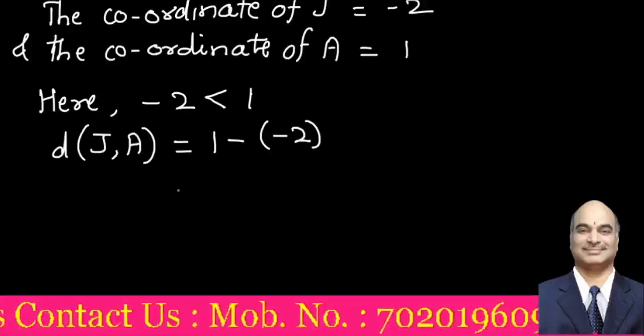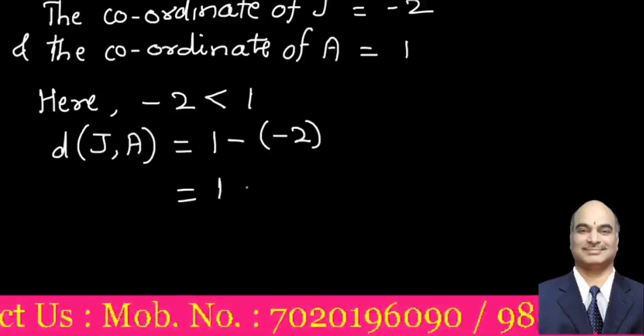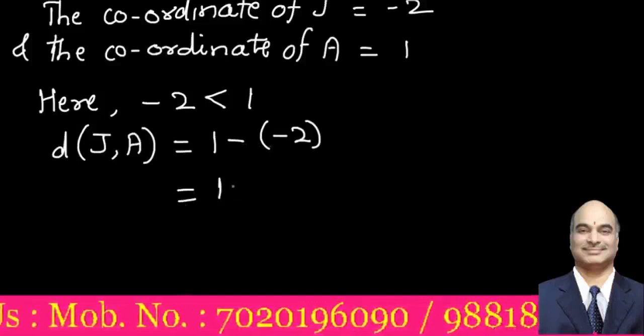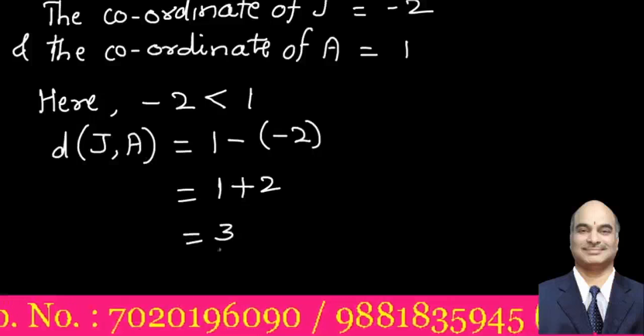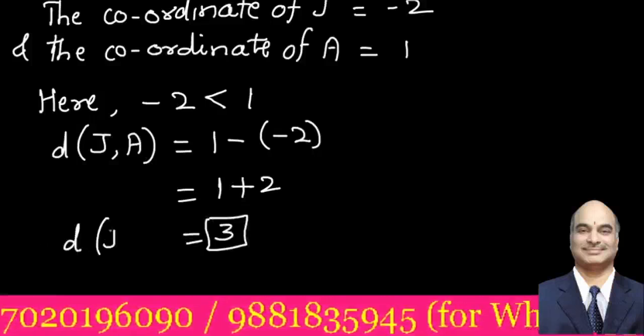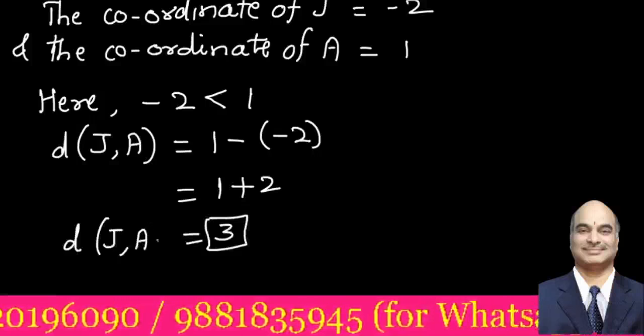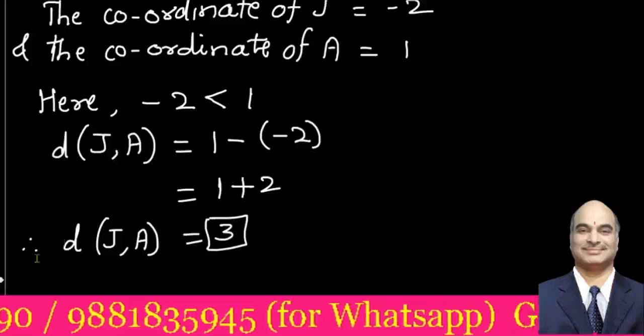The smaller number is negative, so we should bracket that number. So 1 minus (-2), minus into minus is plus 2. So again we get the answer 3. So distance JA is equal to 3 again.